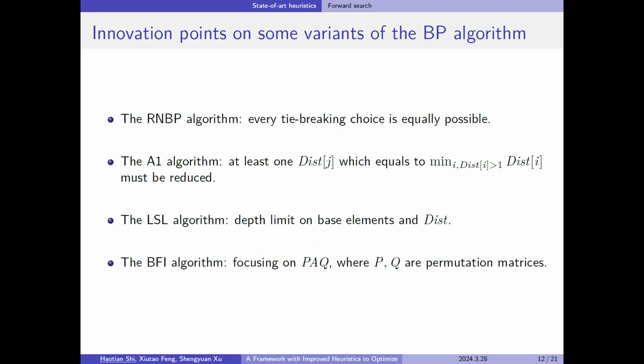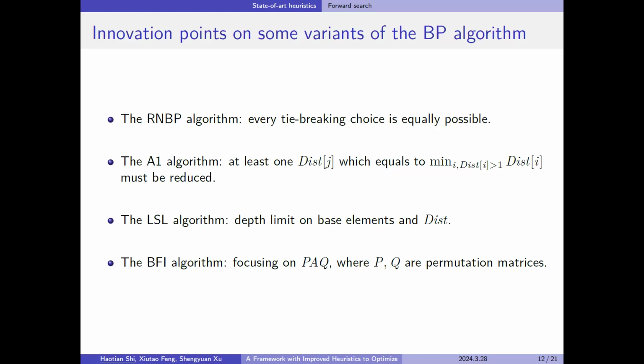And there is also a preemptive strategy about the output node. Then there are some innovation points in the variants of the BP algorithm. The RNBP algorithm ensures that every tie-breaking choice is equally possible, to explore many more possibilities. The A1 algorithm has a restriction on the choices: the choice of new base elements must reduce the distance to at least one of the nearest targets. That is, at least one distance that is not equal to the minimum must be reduced.